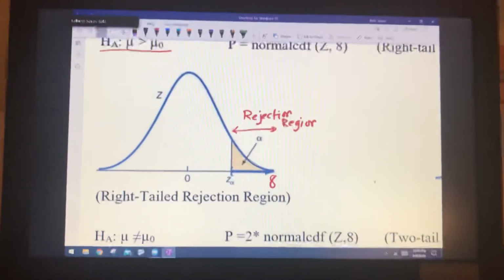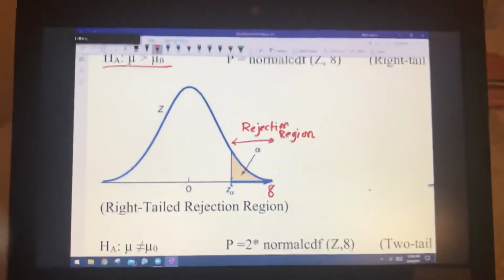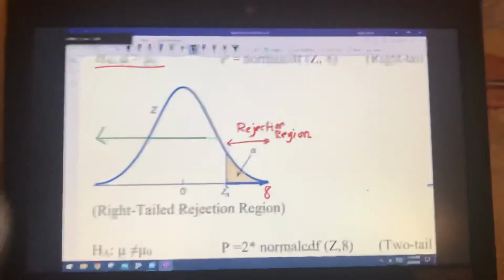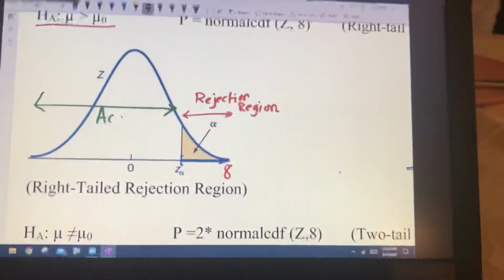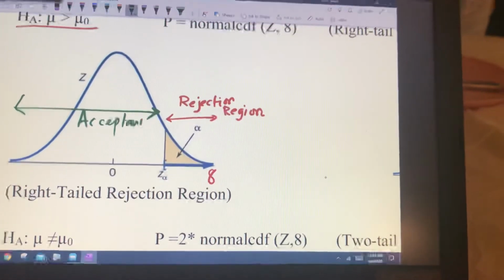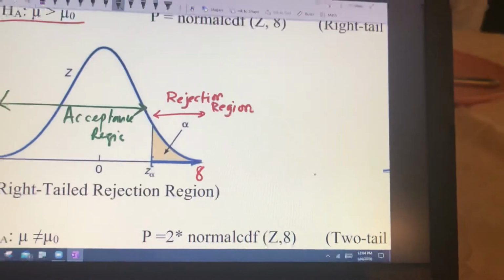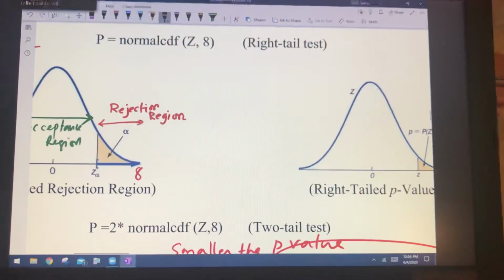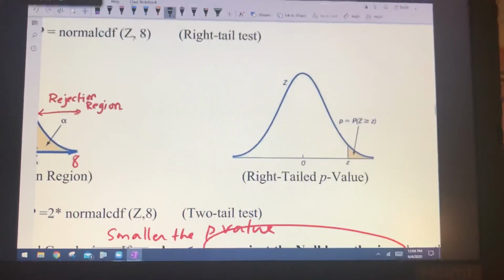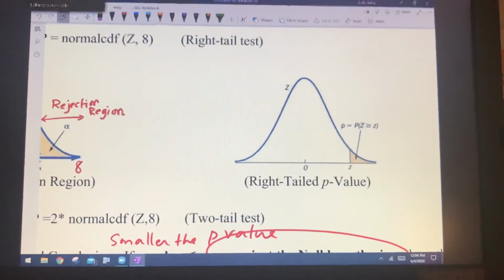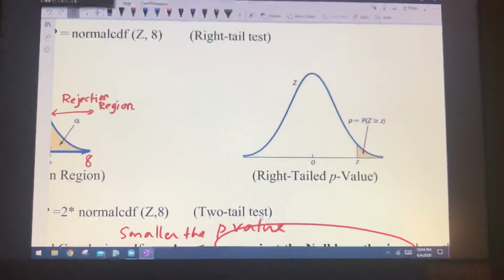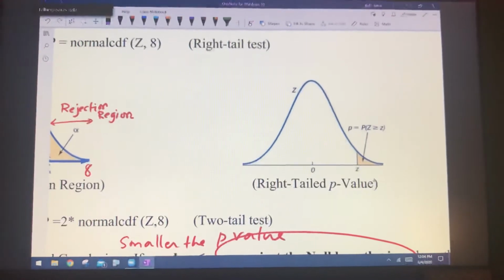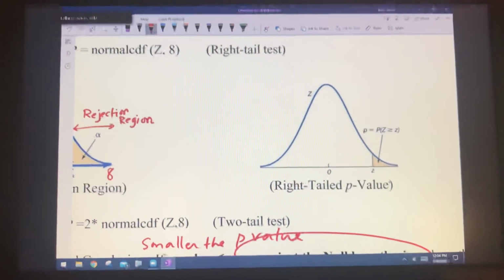All right. So this is what I call the rejection region. The entire rest is going to be my acceptance region. In the next diagram, whatever probability value I get for my z-score, if that falls in my alpha, which is the rejection region, then it is rejected.